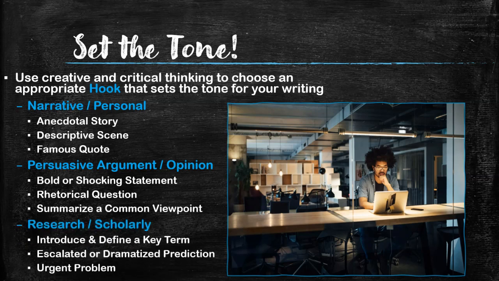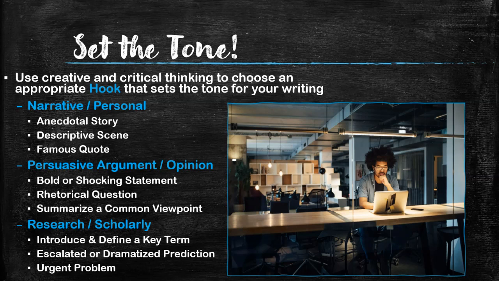Another common type of essay that we get in college is the research paper or the scholarly paper. One really strong hook is to introduce and define a core concept, a core idea that really plays as an anchor in the topic that you researched. So, introducing and defining a concept. Also escalating or dramatizing a prediction.